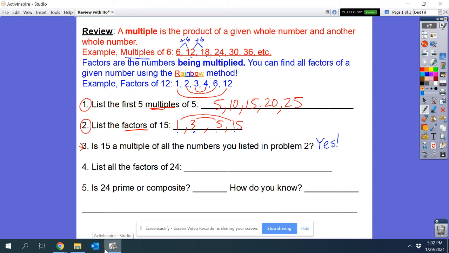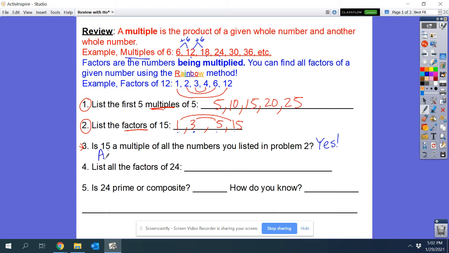So a kind of a rule you can apply for yourself, how do I want to phrase this? A number is always a multiple of its factors, is what we could say, right? Because 15 is going to be a multiple of all the factors of 15.